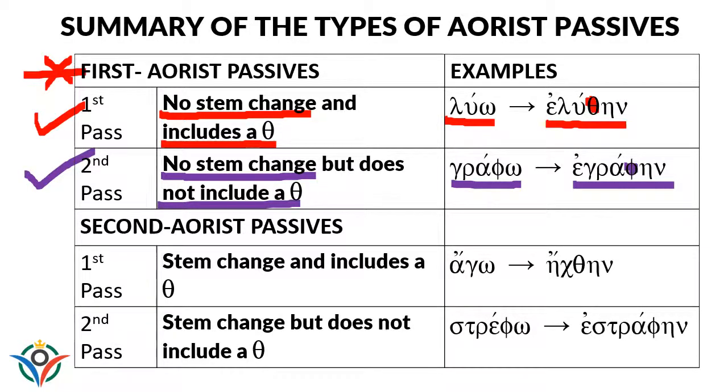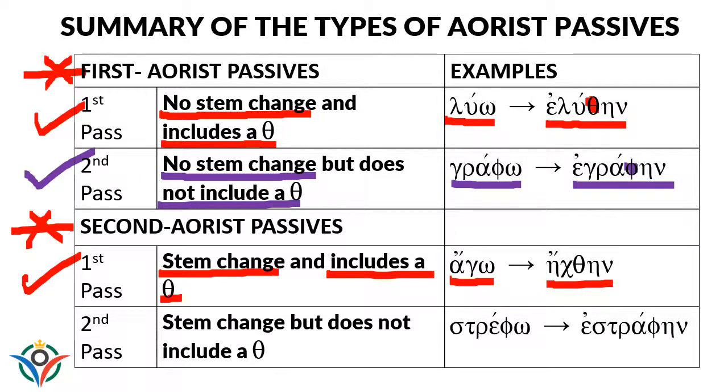And then we also have the second aorist passives, which can be divided up into second aorist first passives. And what does that mean? It means that there is a stem change and it includes a theta. So here's an example. We have ago, and that becomes ēchthēn.